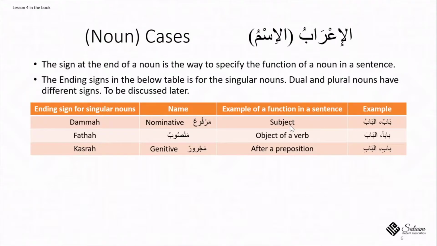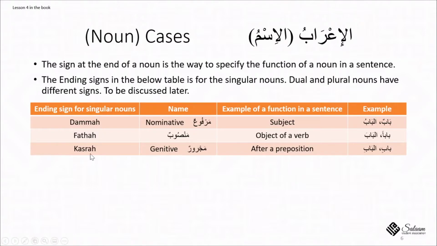If I have this Muhammadun, like here in the example, babun, then it means it's marfu'a. It means that there is a dhamma at the end. That means it's a subject of this sentence, right? This will come more clear when we go into the examples.